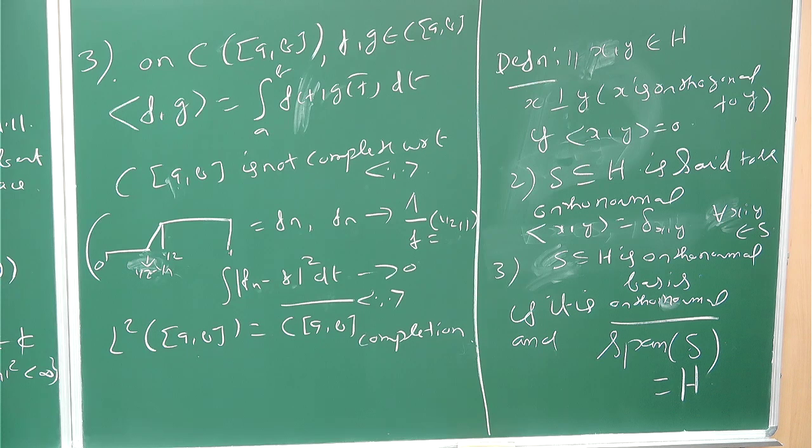Linear combination is always finite. If you don't involve topology, how would you take infinite? When you talk about infinite things, you need to talk about convergence, a metric, a topology. Infinite linear combination makes sense only if you have a topology. So the closure of the span of S is H.